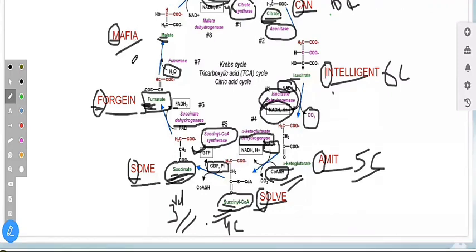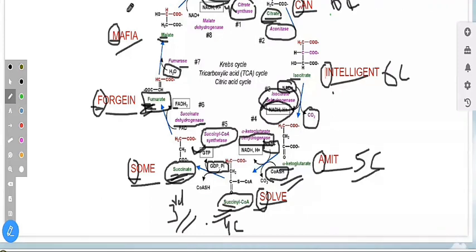So fumarate is converted into malate. What is the name of the substrate? Fumarate. That's why the enzyme will be fumarase, because there will be no dehydrogenation, no carboxylation, and no synthesis of additional byproducts. That's why the enzyme is fumarase.